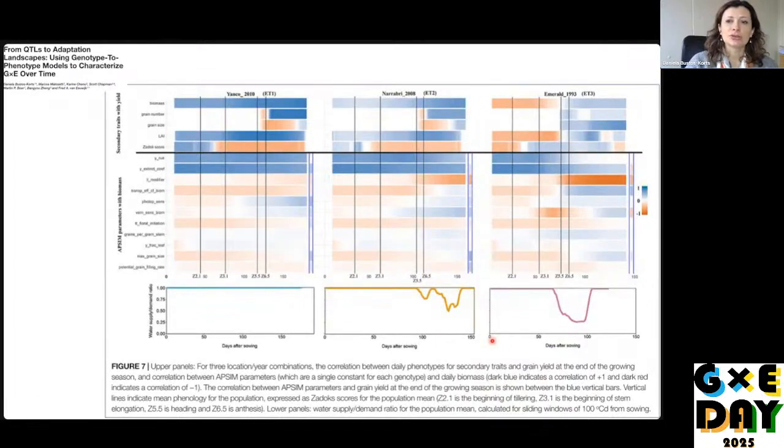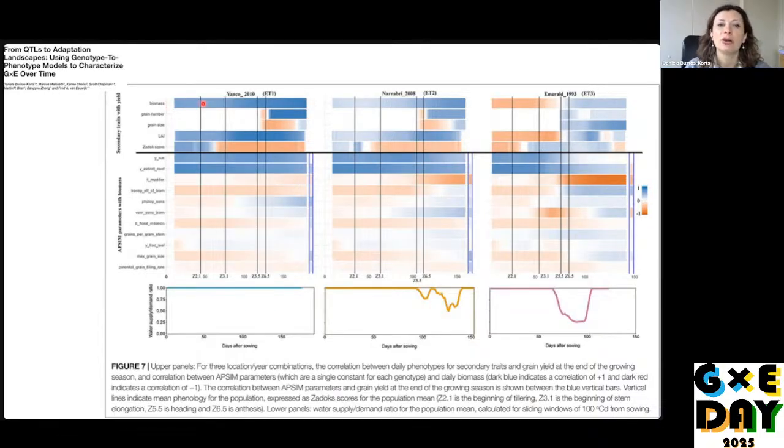So we put QTLs that were constant over time and static across environments. What happens with the intermediate traits? What happens with biomass, for example? Here we see the correlation between the different phenotypes and grain yield. For example, here we see to what extent biomass correlates to yield.